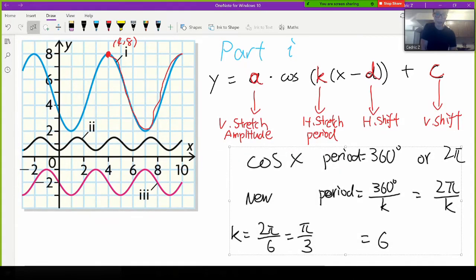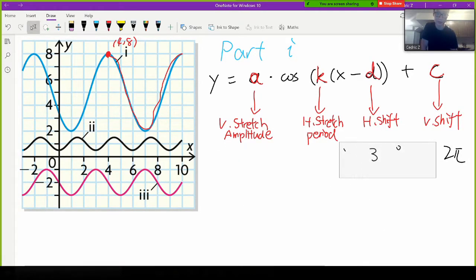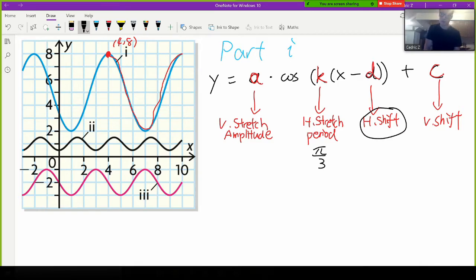So I have determined my k value. It's often the first one that I determine. So it's pi over 3. The next thing I'm going to determine is the horizontal shift. Remember, I set my starting point to be right here, whereas originally the cosine's peak was supposed to start on the y-axis. So I'm looking at a shift of this much. It was supposed to be at x equal to 0.